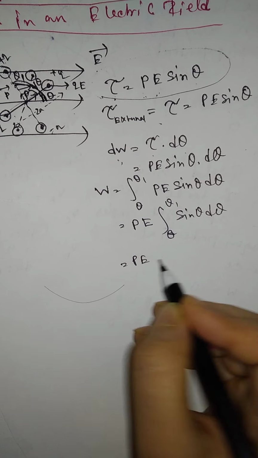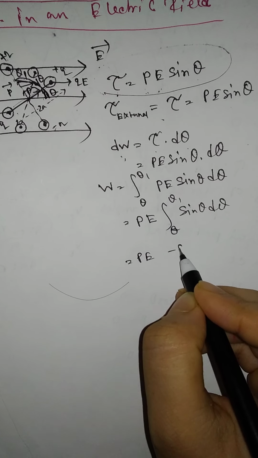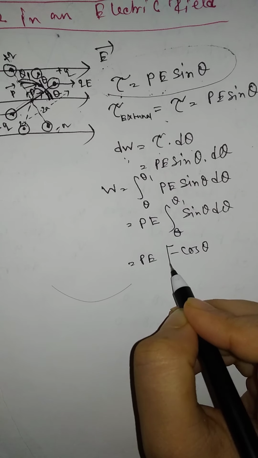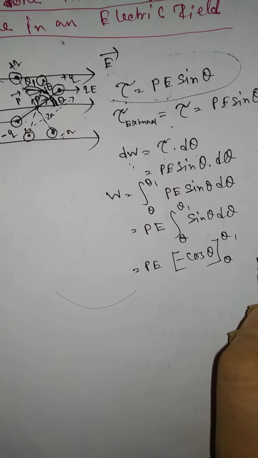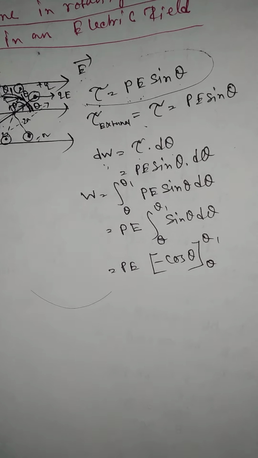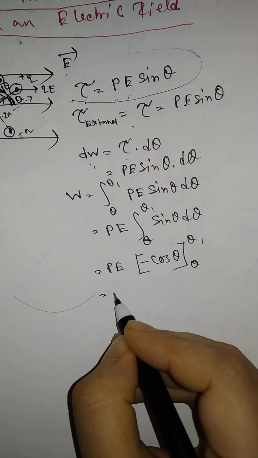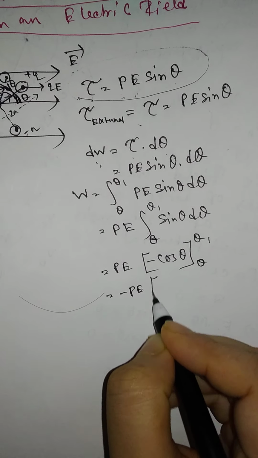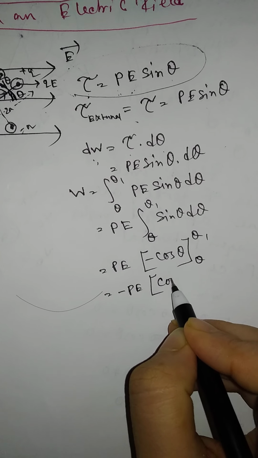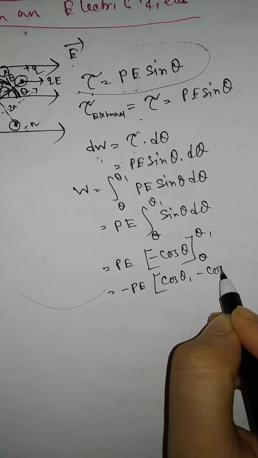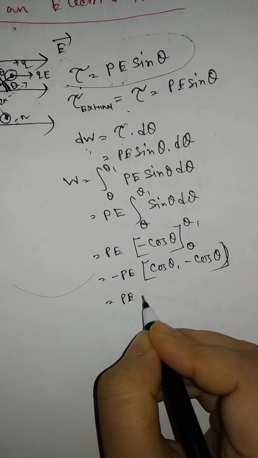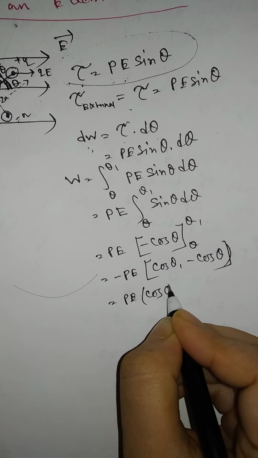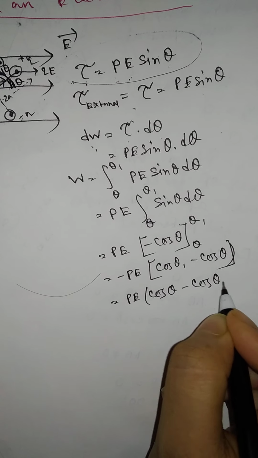So pE times the integration of sin theta, which equals minus cos theta, from theta to theta 1. So minus pE, cos theta 1 minus cos theta. So pE, cos theta minus cos theta 1.